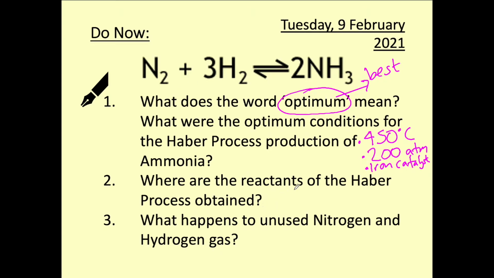Where are the reactants of the Haber process obtained? And that is talking about where we're sourcing our nitrogen and our hydrogen from.